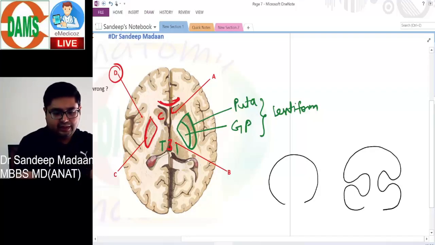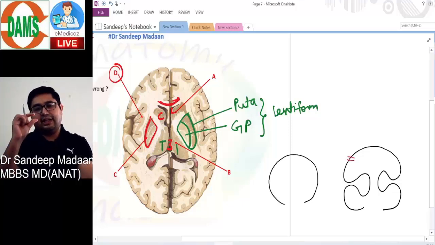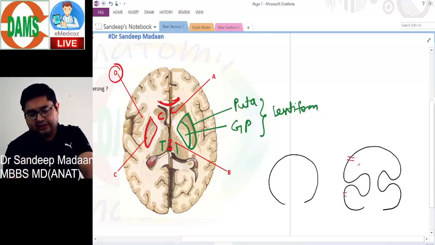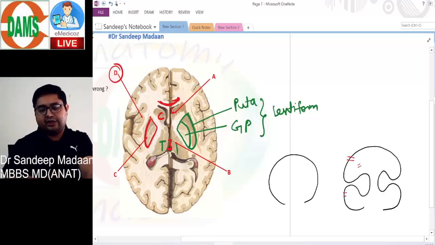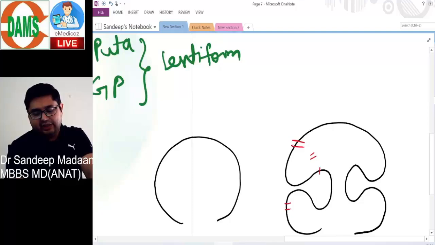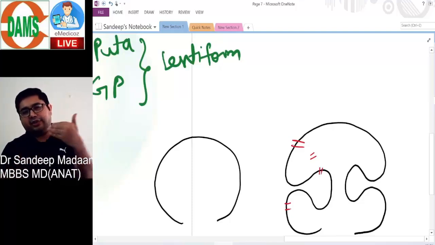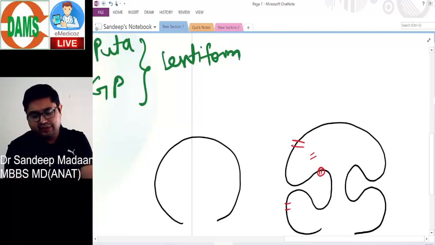If you look at this part and take a section here, this section will show the layers of the cortex. This section here also shows the layers of the cortex. But if you take a section here, it will not show the layers of the cortex. Why? Because it is deeper, not at the cortex level. But again, if you take a section here, it will show the layers of the cortex, because its position is very deep with respect to it.